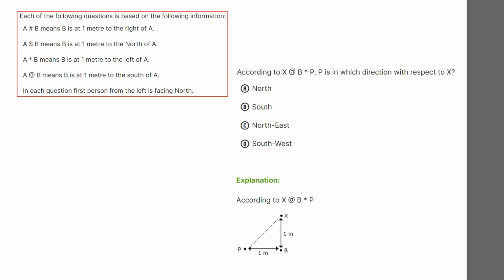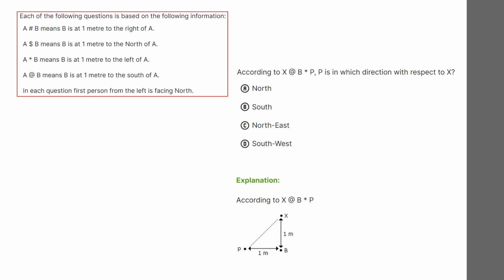The first symbol we are seeing here is the hashtag, that is A hashtag B means B is at 1 meter to the right of A. The second point, the dollar symbol, indicates that B is at 1 meter to the north of A, and the asterisk symbol indicates that B is at 1 meter to the left of A, and the at the rate symbol indicates B is at 1 meter to the south of A. So this is how we have to follow the direction along with the symbol.